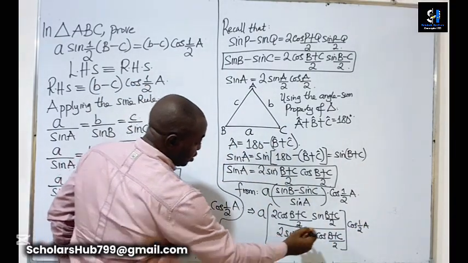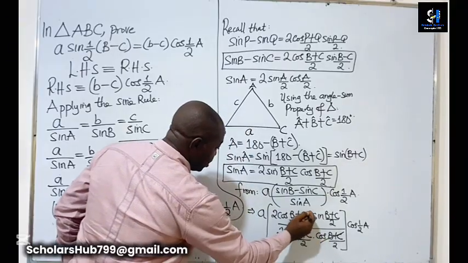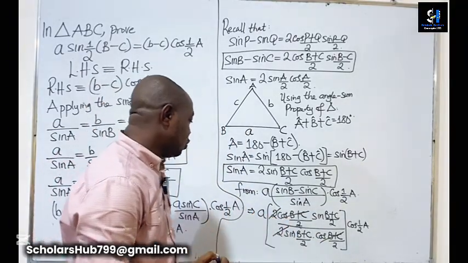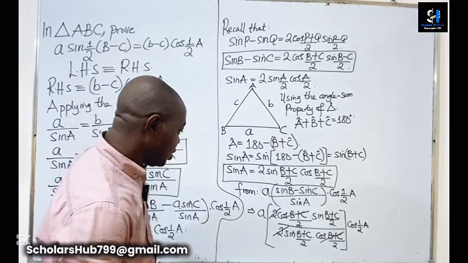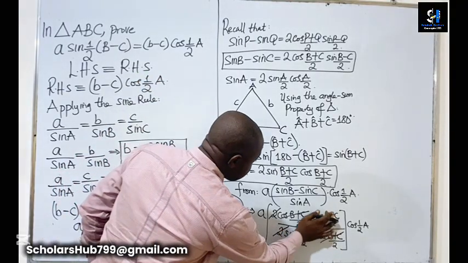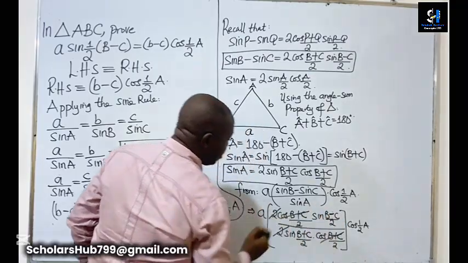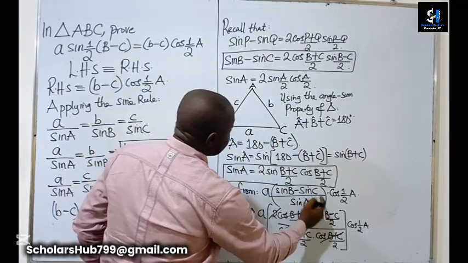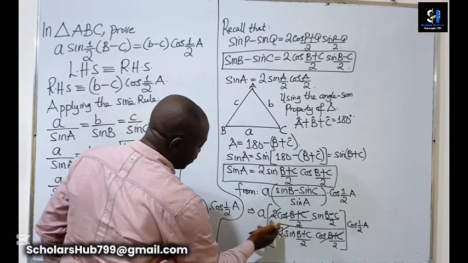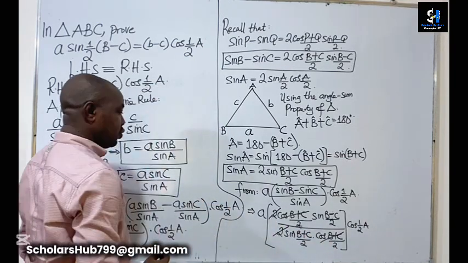So in this case, the 2 will cancel the 2. Oh no, this is sine B minus C. We have sine B minus C. So this cancels this, this cancels this, this cancels this, this cancels this.